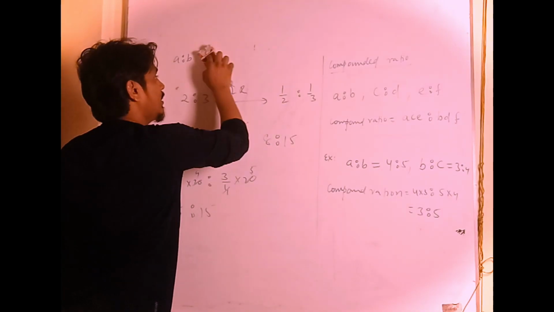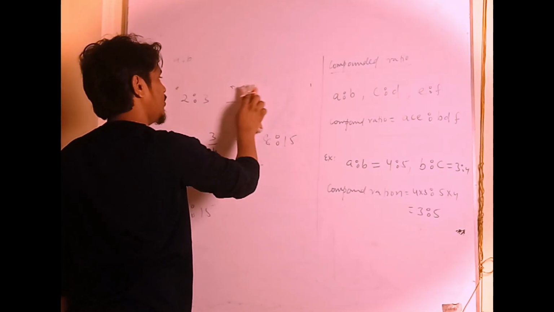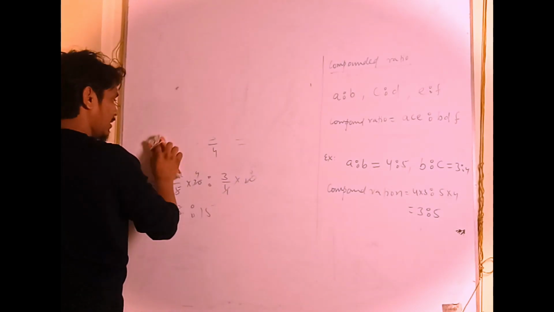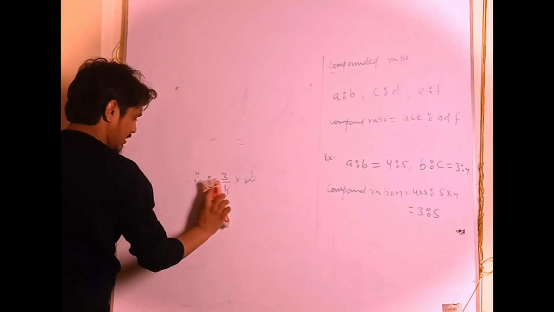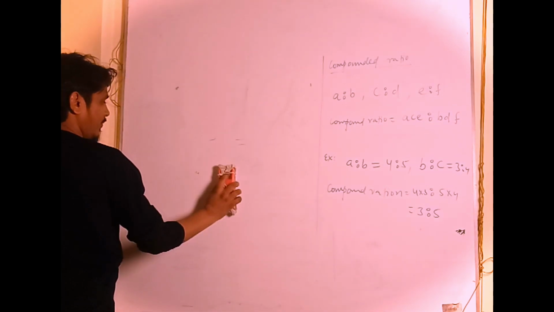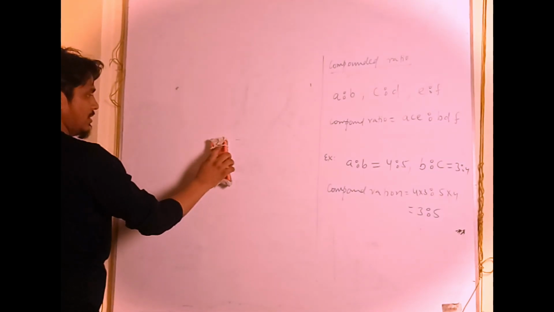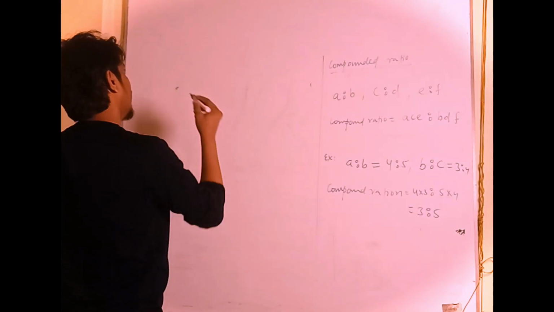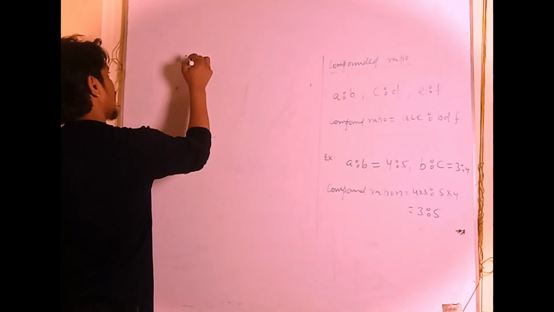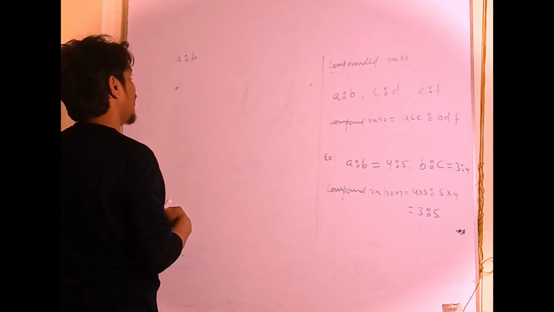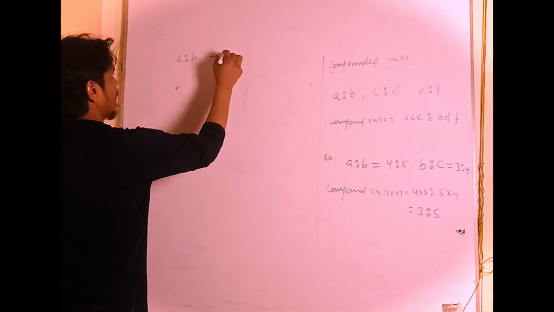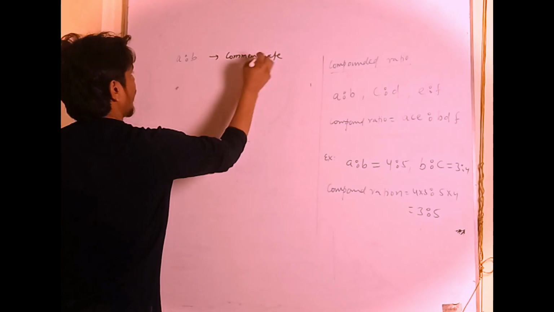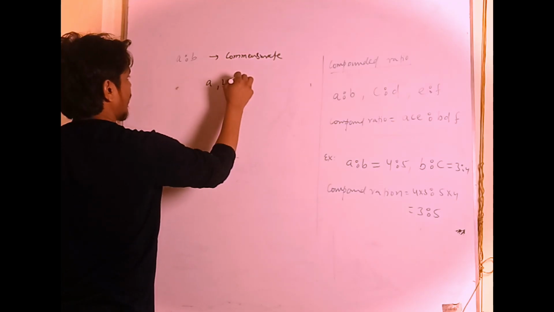Now, as we have seen, a ratio is said to be commensurate if antecedent and consequent both are integers. But what if both are not integers? A ratio B is commensurate if A and B are both integers.